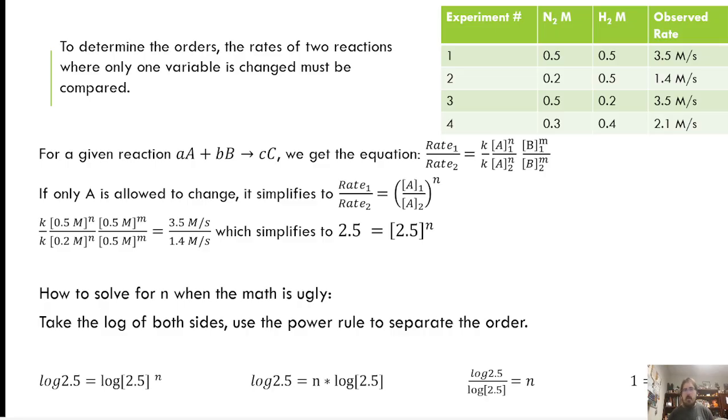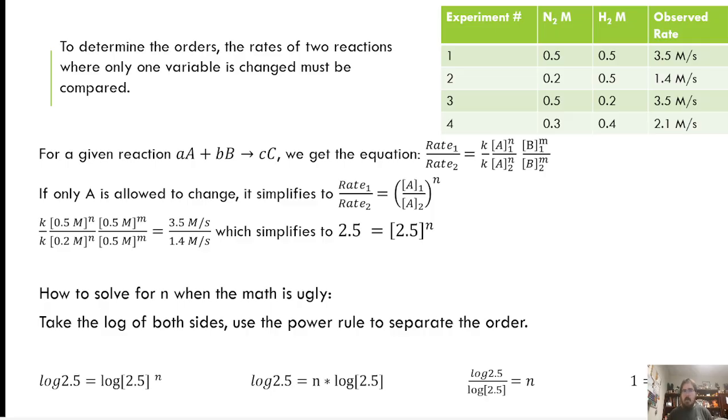So, for example, if we only allow the concentration of A to change, B being the same cancels out. It is not affecting the rate. We can measure that. So we get A to the n over A to the n. We can factor in the B to the m. So we look at how the rate compares to the concentrations.